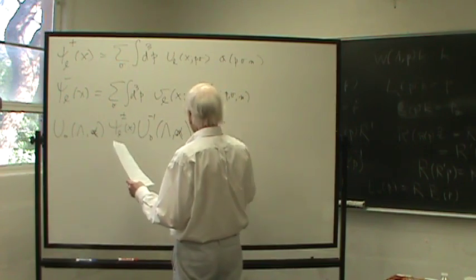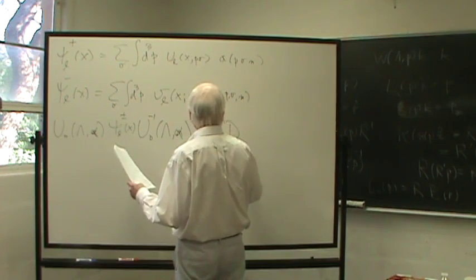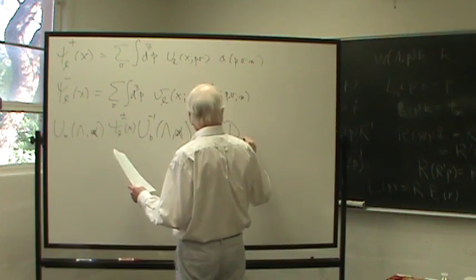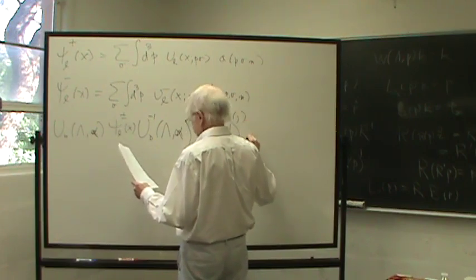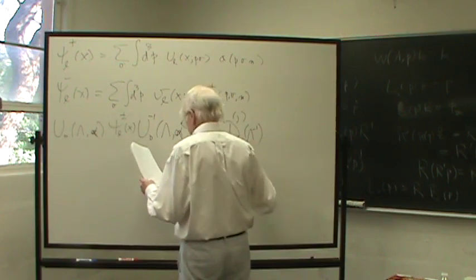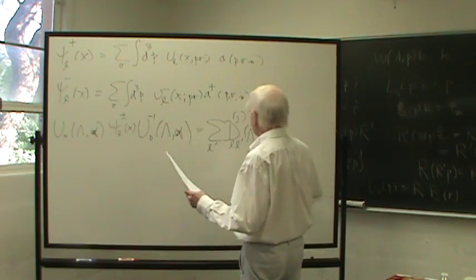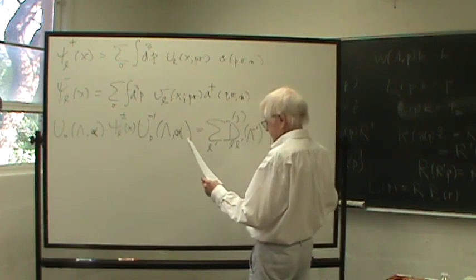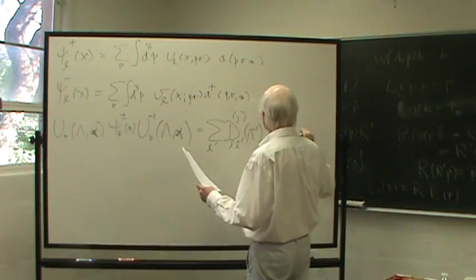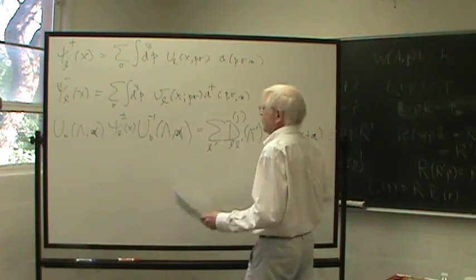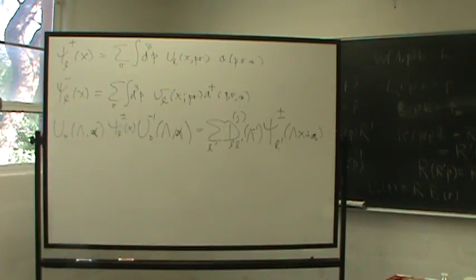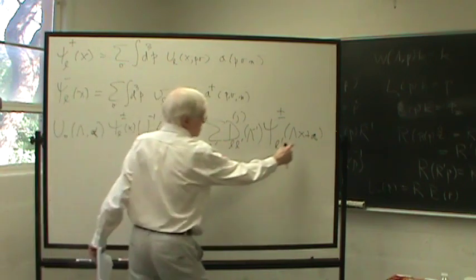This is going to be a sum on L prime, D_L L prime, J, lambda inverse, psi plus or minus L prime, lambda x plus a. So in other words, we can have a Lorentz invariant field theory that respects cluster decomposition if, that's funny, where's the space back? Oh, it was in the field.